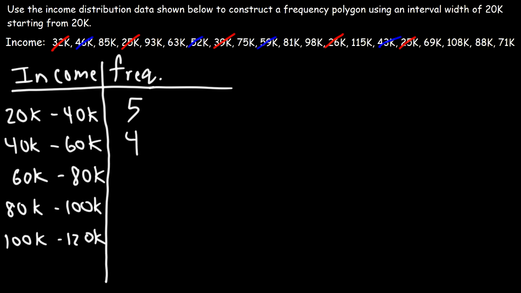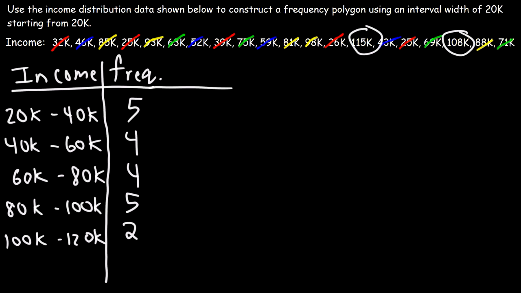Now between 60 and 80, we have 1, 2, 3, and 4. Now between 80 and 100, there's 1, 2, 3, 4, and 5. And finally, between 100 and 120, we only have these 2 values. So the frequency is 2.